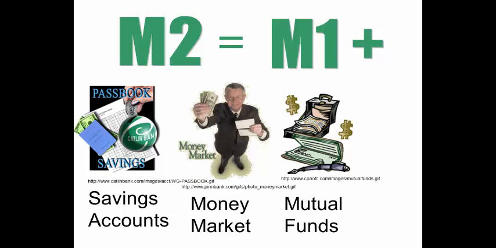You can now also write checks out of your money market account and mutual funds, so those have become rather liquid, where before you'd have to go and talk to the financial officer or your broker to get money out of those accounts. These accounts now have become a lot more liquid.